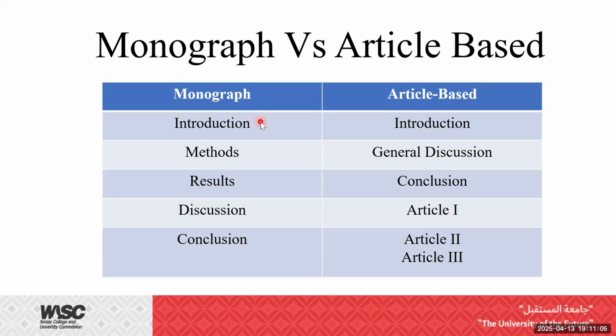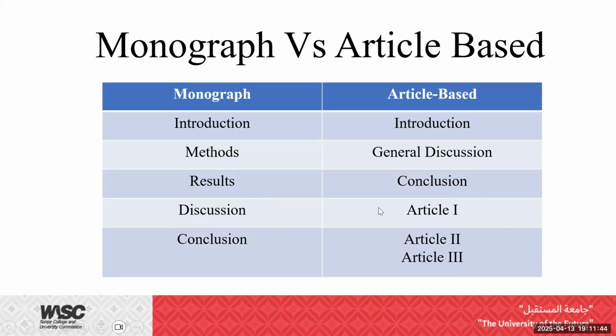They don't have to include all of these sections in their dissertation, but only a general introduction and discussion, and then they should include all the three articles that have been published online in their file. They just copy and paste, or they just attach the PDF files in their file without writing the methods or the results again.